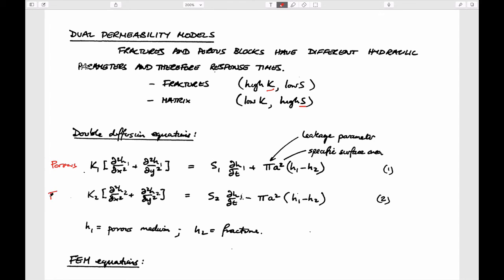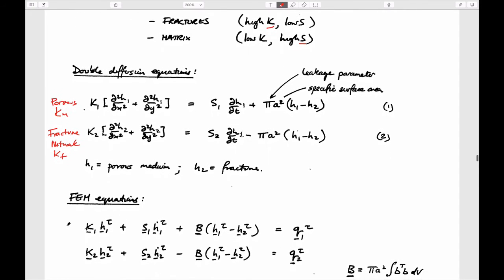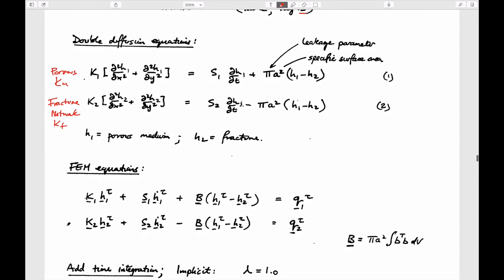And this is the fracture network. And so this is what we had called before Km and Kf, etc. But I think it's pretty transparent. So we're just using 1s and 2s instead of the m's and f's.